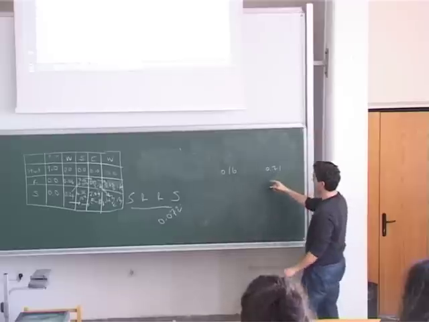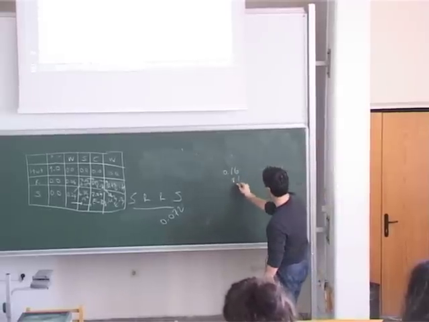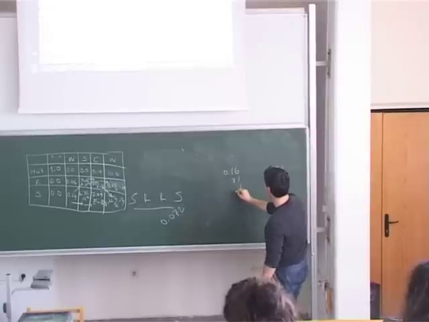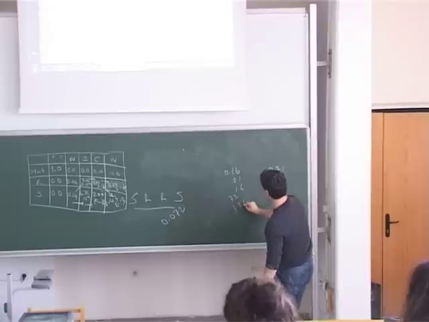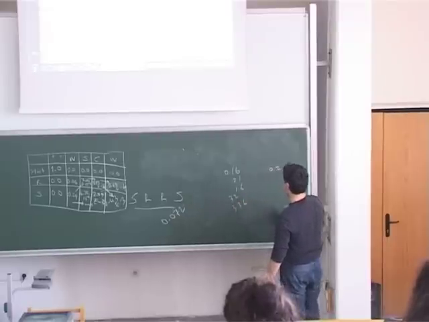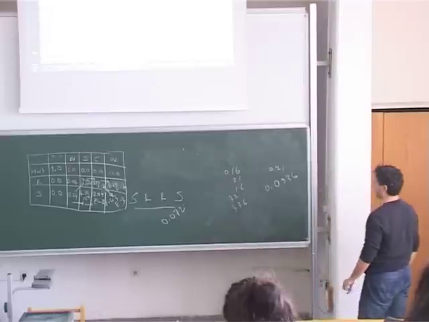And this is, let's multiply this with 21, 6, 1. So it's going to be 0.0336, right?